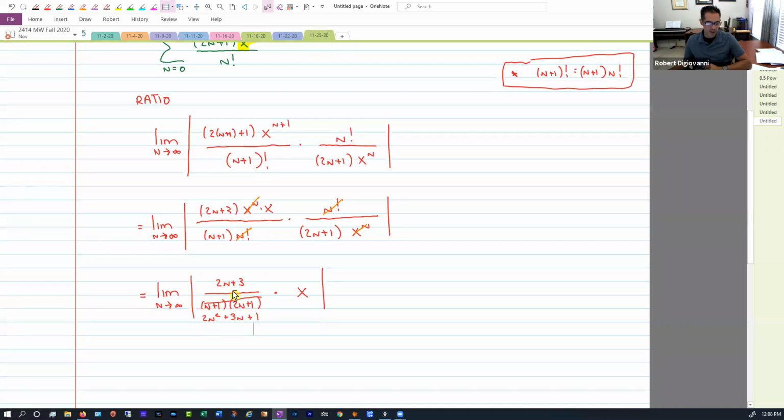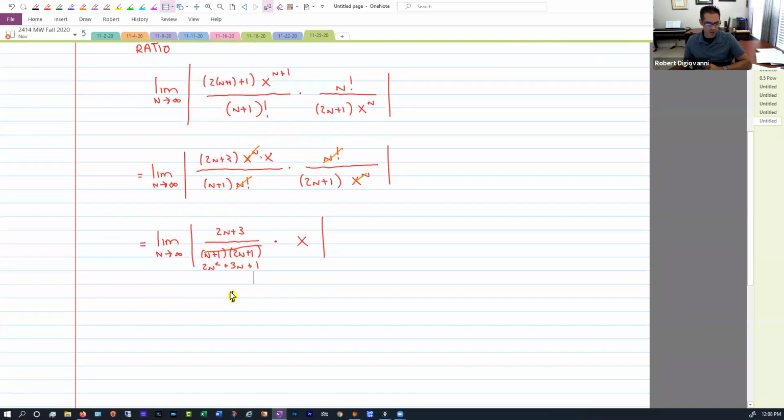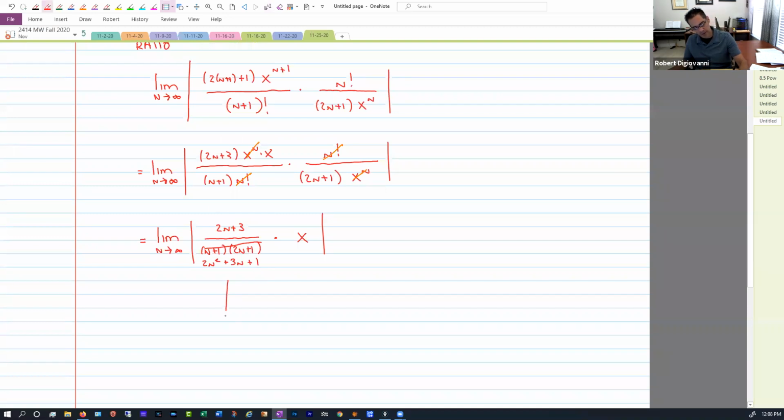And if you did that on this, where is this headed? 2n plus 3 over 2n squared plus 3n plus 1. L'Hopital on that one time would give me 2 over 4n plus 3, right? And now let n go to infinity. That goes to 0, right? So that goes to 0 times x.